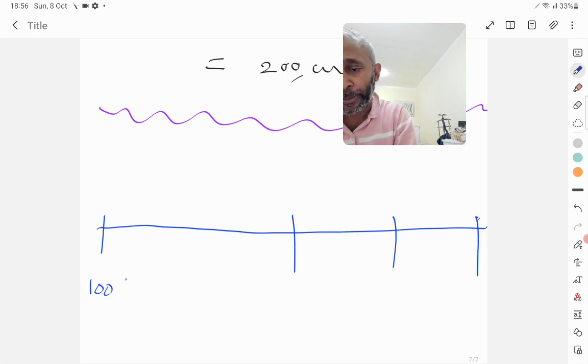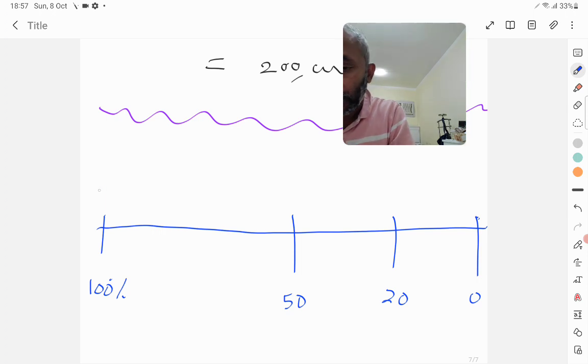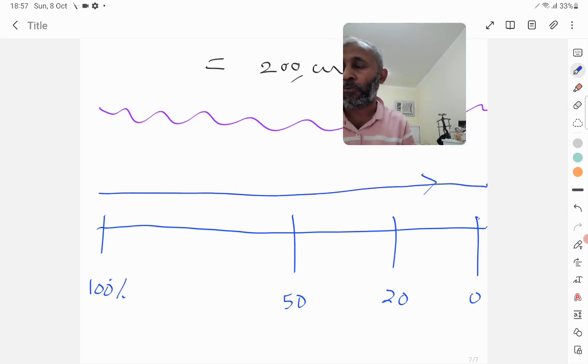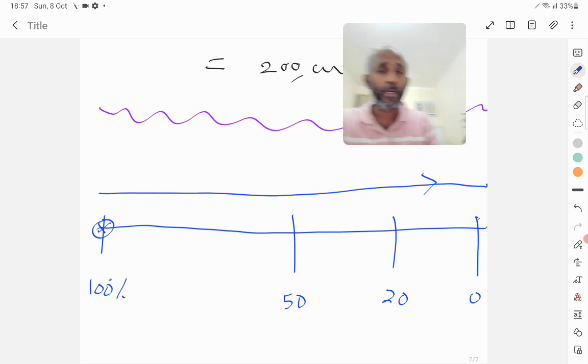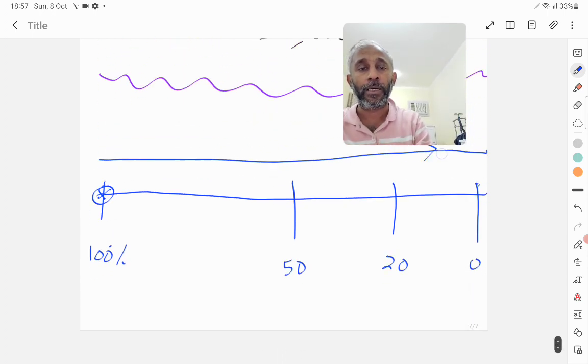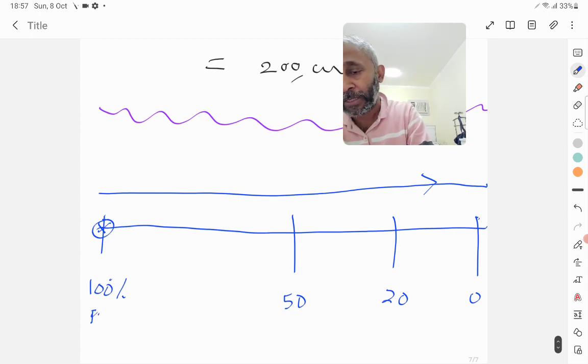This is 100%, this is 50, this is 20, and then 0. So the journey moves this way. A parent may have a 100% stake in an investee company, and at that time we name it a fully owned subsidiary.